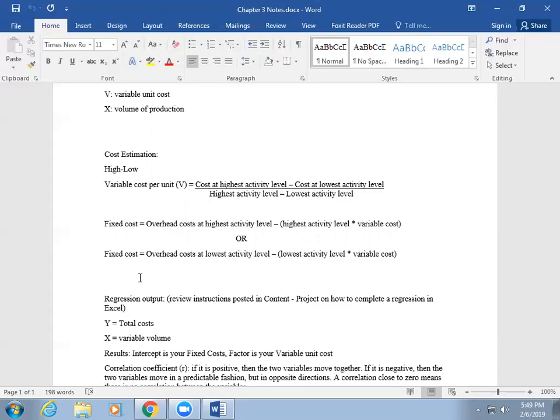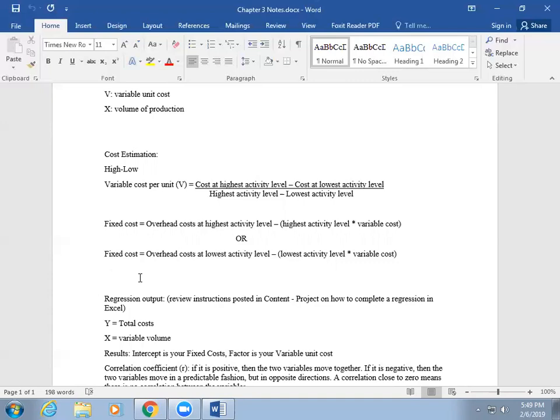It's more advanced. We use a data analysis tool, which in Excel is going to do all of the calculating for us. It's going to take our data and analyze it, and it's going to give us parts of our function.